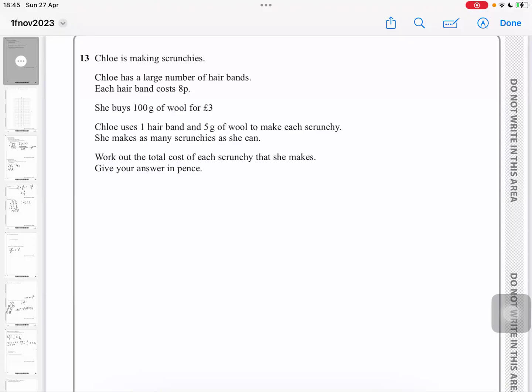Now, how many 5 grams are in 100 grams? Can you help me get that? Do that math. How many 5 grams are in 100 grams? What do you think we're going to do to get that?